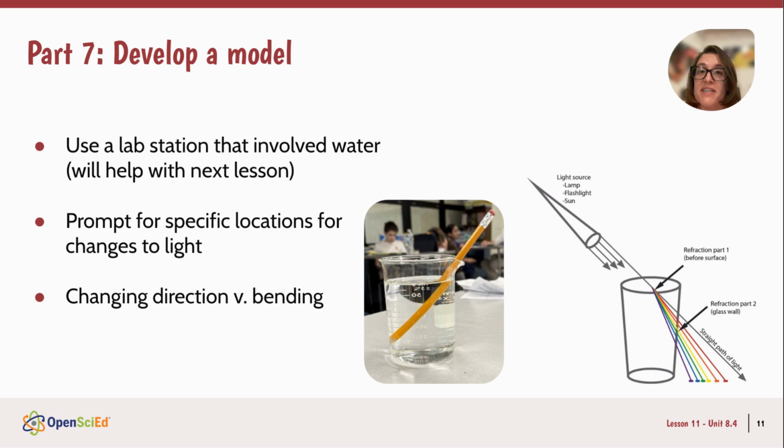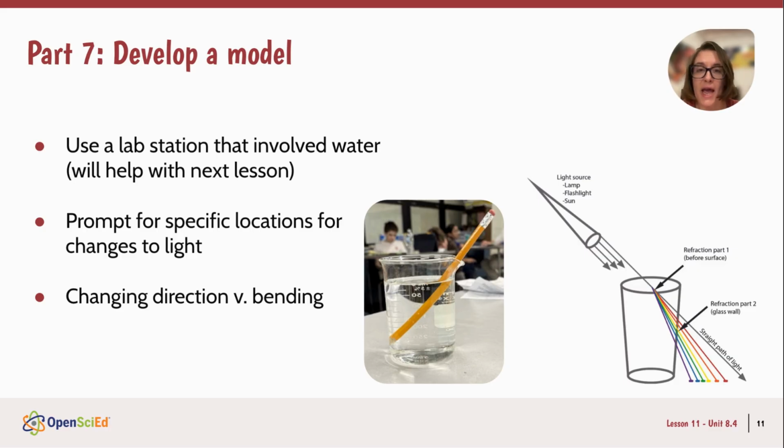And then part 7, developing that model, is a big piece of Day 2. Really encourage students to pick a lab station that involved water. This will really help with the next lesson. And you'll probably need to prompt them to note specific locations for where the light changes.